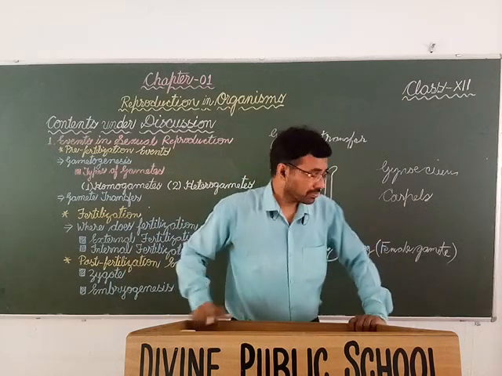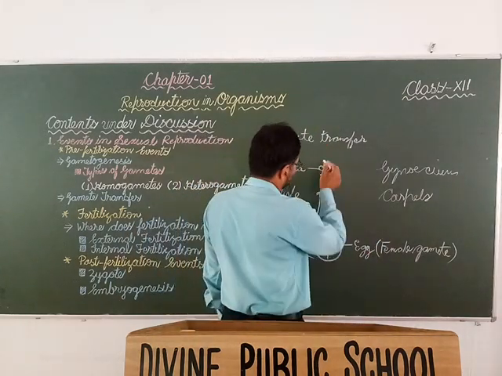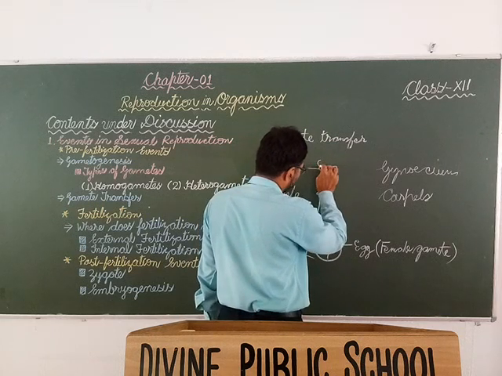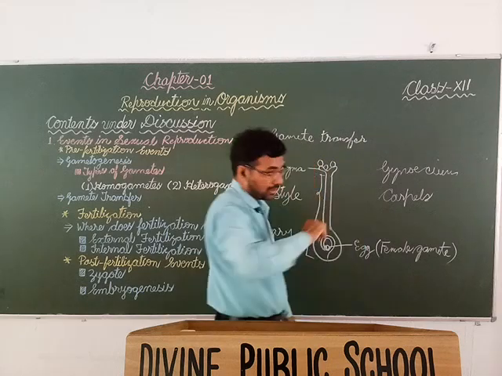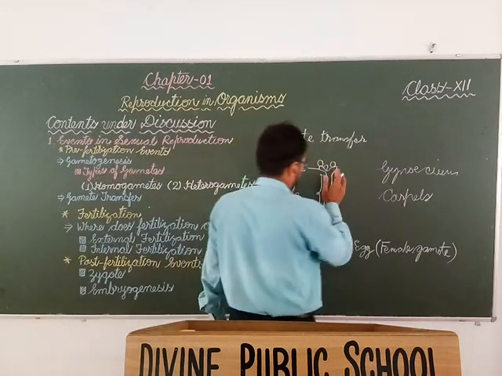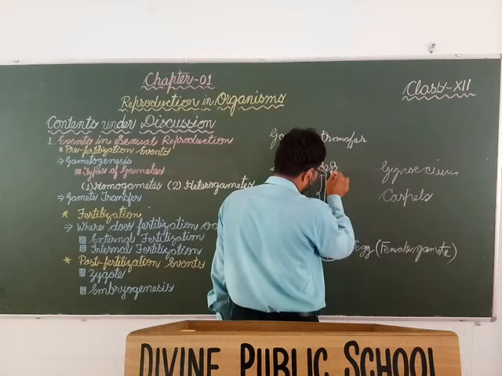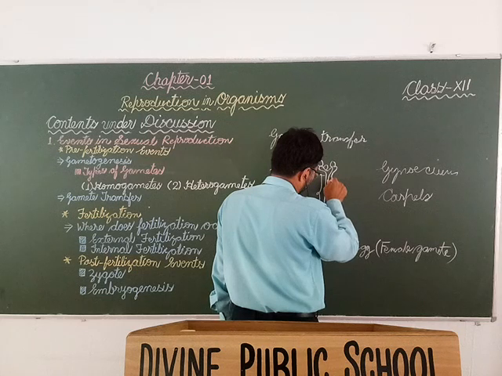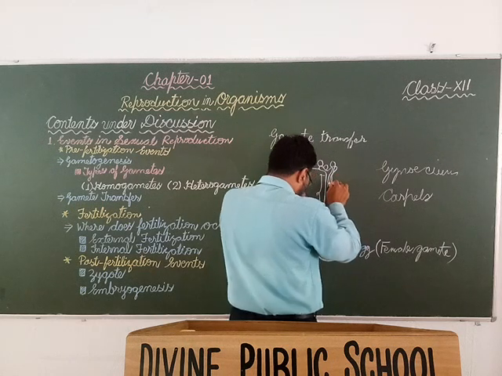So students, just concentrate here at the stigma. The pollen grains fall here on the stigma. Thereafter, germination starts. As a result, the pollen tube starts coming into existence.